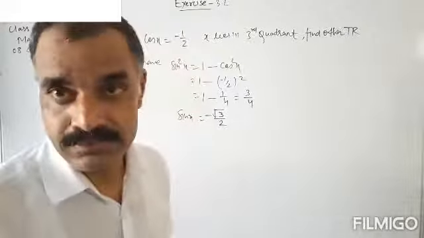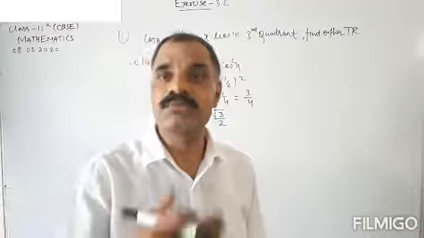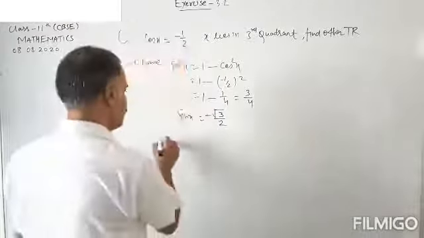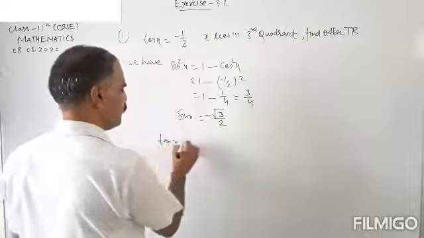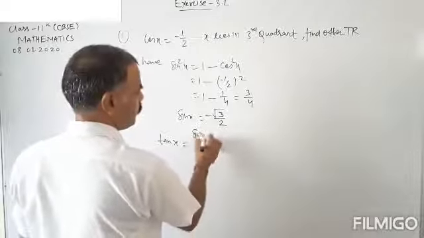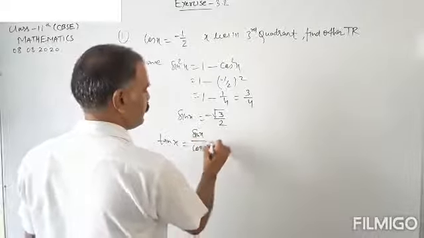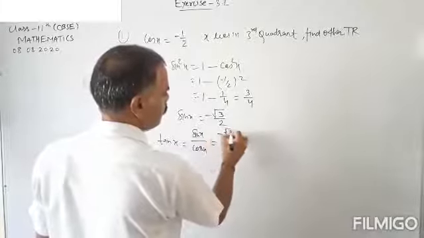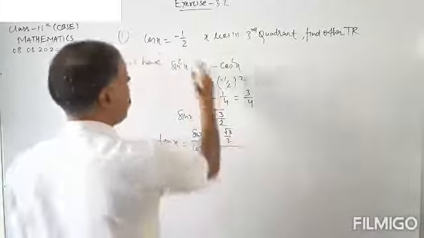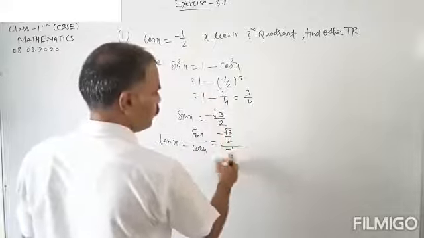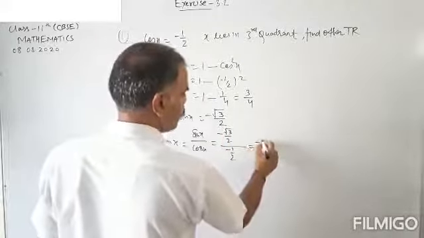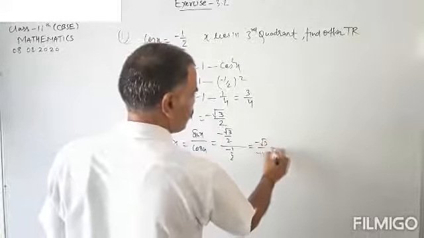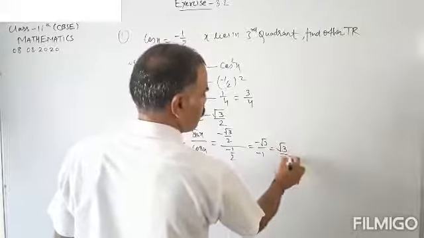Now tan x, you know tan x is the ratio of sin x and cos x. So tan x equals sin x upon cos x. Sin x is minus under root 3 by 2, and cos x is minus 1 by 2. 2 will cancel 2, that is minus under root 3 by minus 1, which equals plus under root 3.